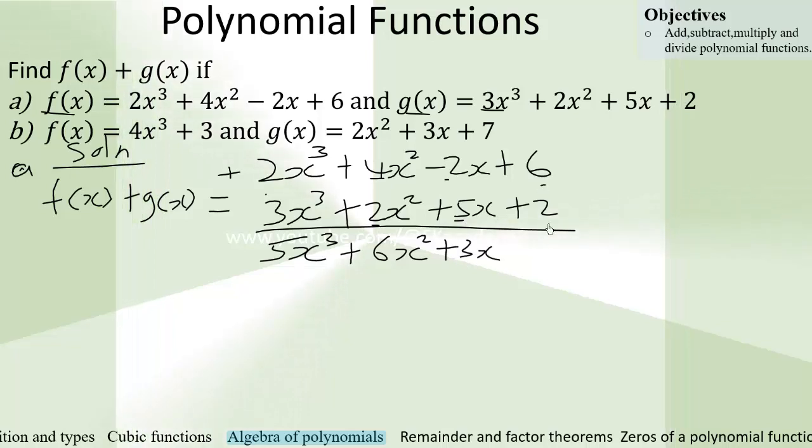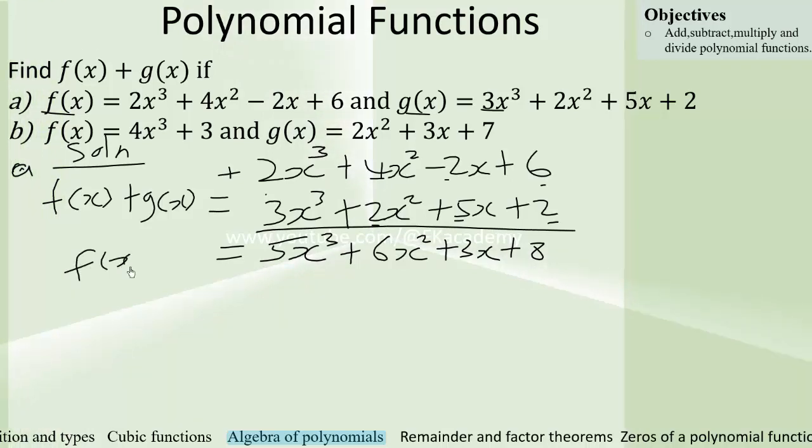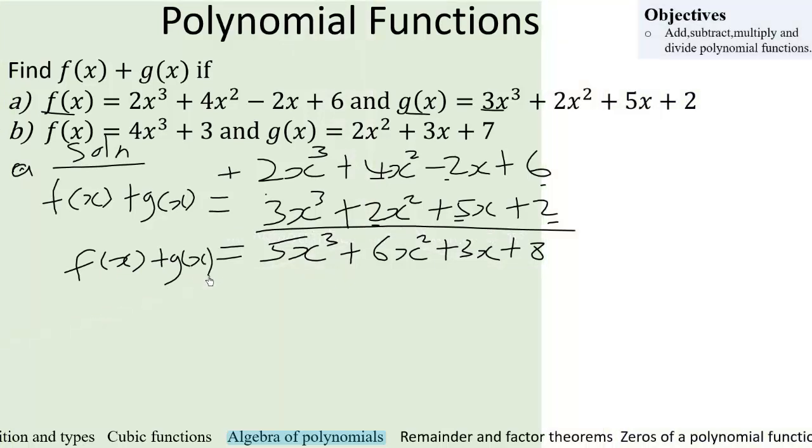Then 6 plus 2 will be plus 8. Therefore, f of x plus g of x will be equal to 5x cubed plus 6x squared plus 3x plus 8. So that is the result. Now let's look at b part. So this is the a part, the b part.